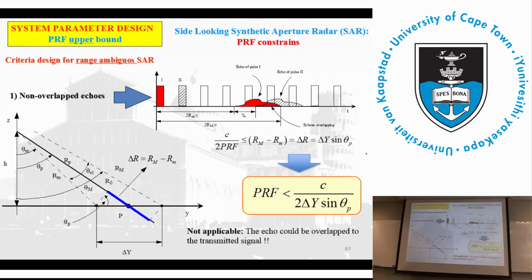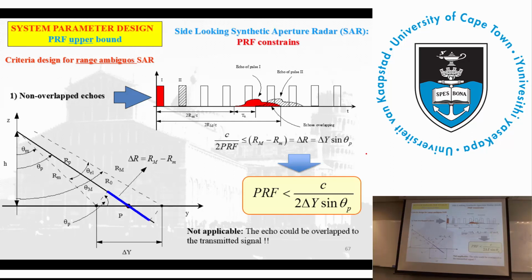So the first criterion that I want to use is non-overlapping echoes. To make sure that those two echoes are non-overlapping, I have to make sure that C over 2PRF is less than or almost equal to the distance between this and that. So this support, let's call it delta R, is equal to delta Y times sine of theta P, where delta Y is the swath, the ground range.